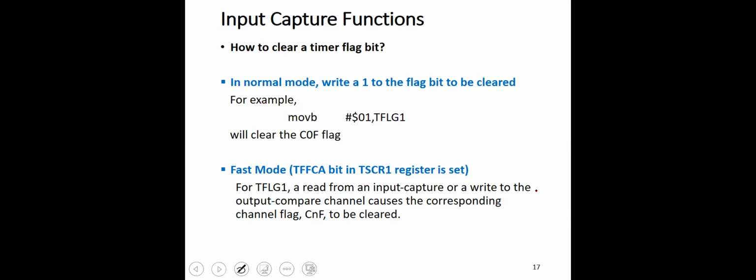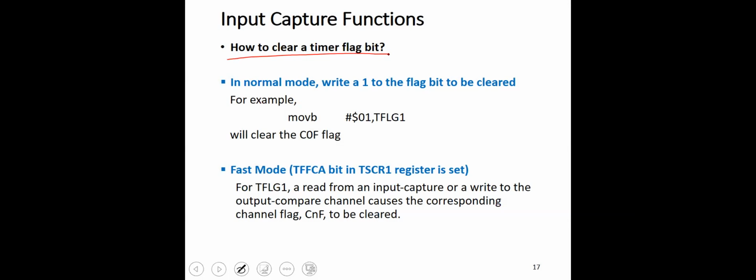So whenever you use the input capture functions, you will always need to configure the timer module in order to achieve certain timing to be used with the input capture. Now here, how to clear the flags? We know how to do that for the free running timer. We basically write one to the timer flag bit.